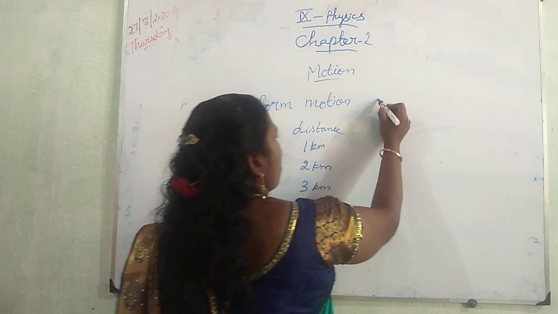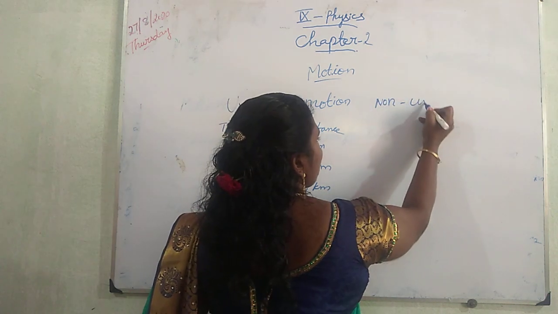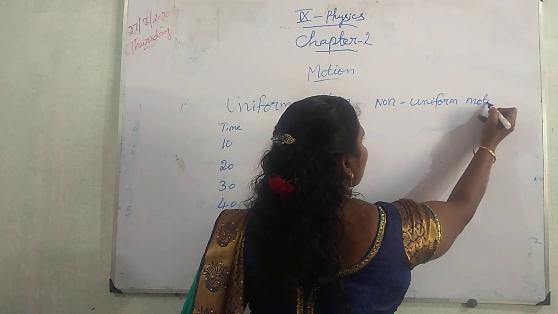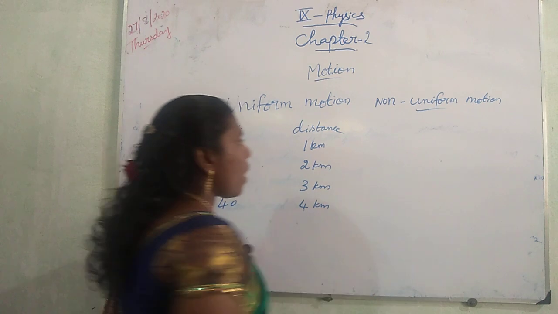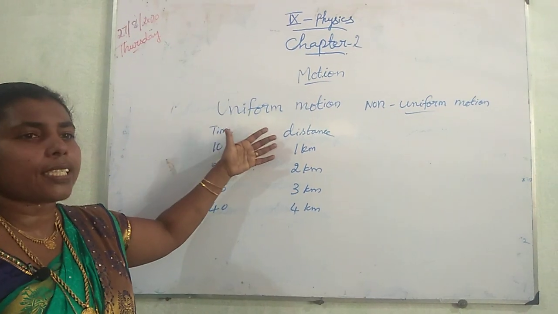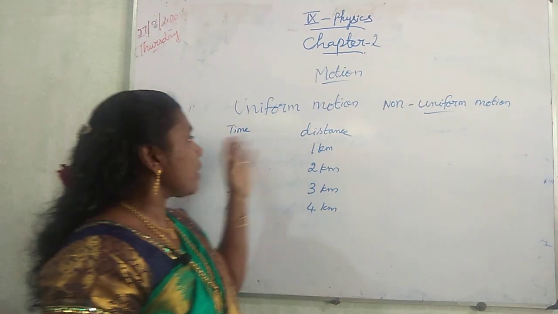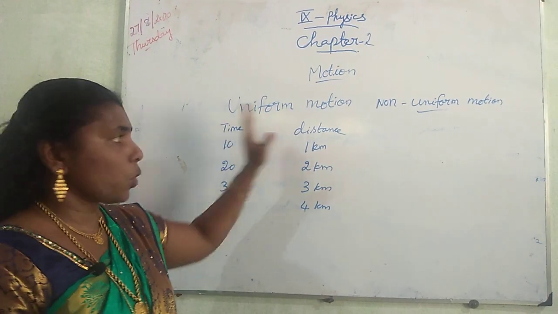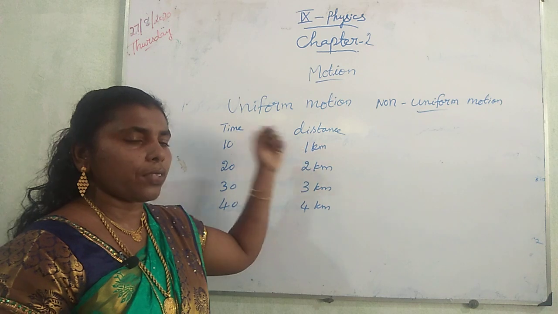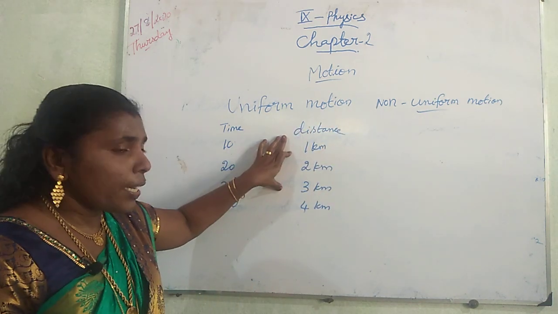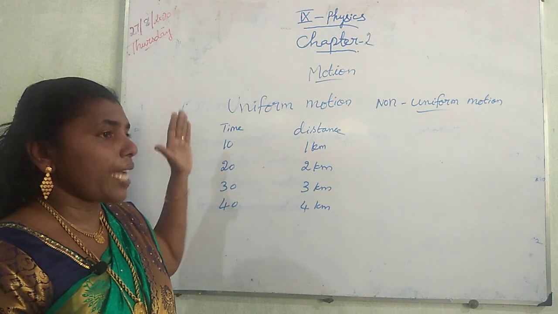Then non-uniform motion: unequal distance in equal intervals of time. Uniform means equal distance in equal intervals of time, but non-uniform means unequal distance while the time is the same.